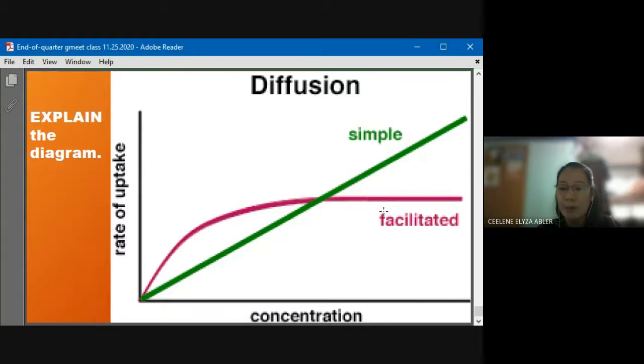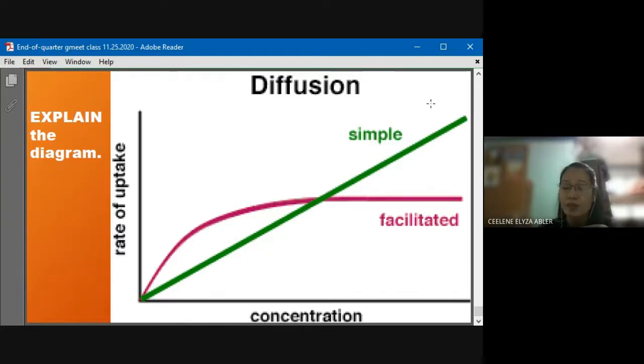It's because facilitated diffusion will actually be very selective of the entry ng mga substances into the cell. It actually helps in the permeability of the cell. Okay? So, yan siyang gamit ng facilitated na diffusion na type. Yan siyang help niya para kay cell para makapasok in and out ang mga substances into the cell. So, the simple diffusion class is actually not very selective. Simple diffusion kasi lang yung nasa setup ninyo in number 1, page 1 ninyo na diffusion.